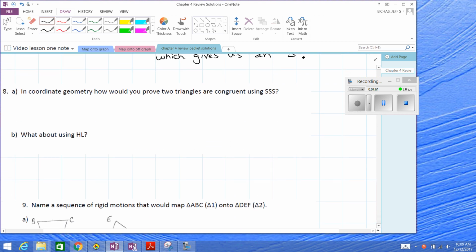All right, how would we prove two triangles congruent by side, side, side? Simple. We show the lengths of all pairs of corresponding sides are congruent or equal.